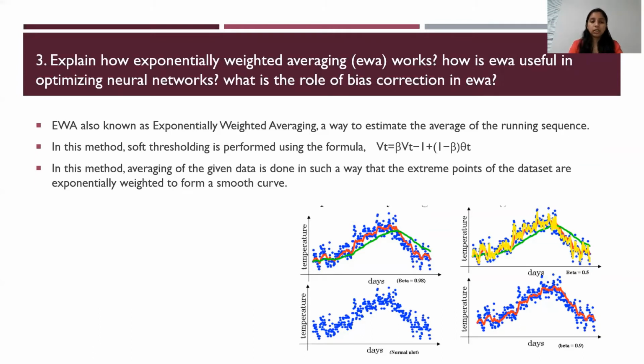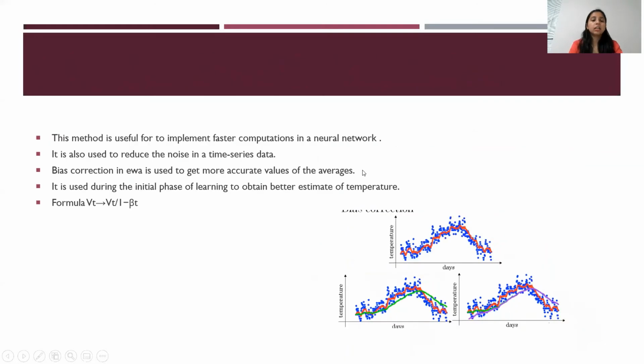So this was exponentially weighted average, how it works, and how it is useful for a neural network is: this method is useful to implement faster computations in a neural network. It is also used to reduce the noise in a time series data.